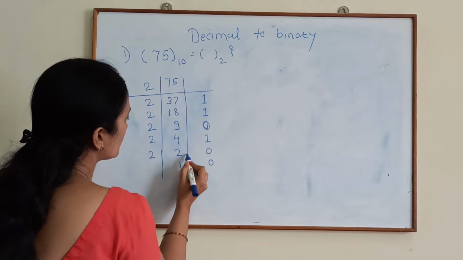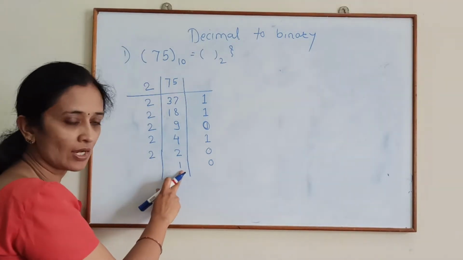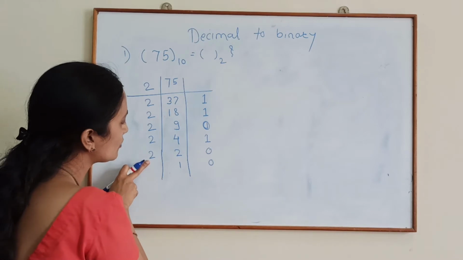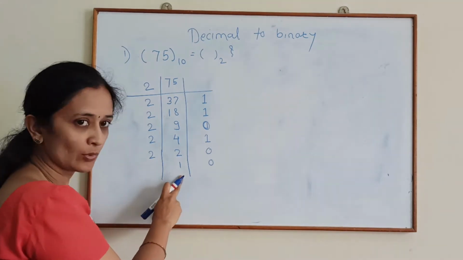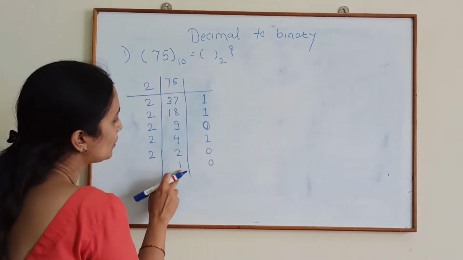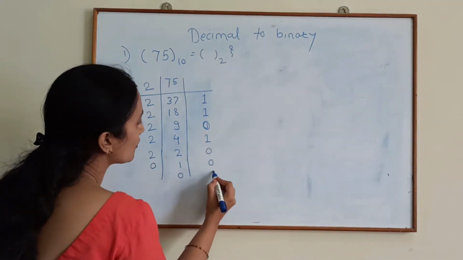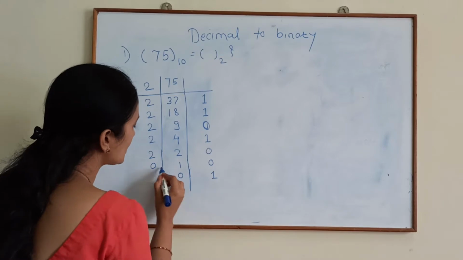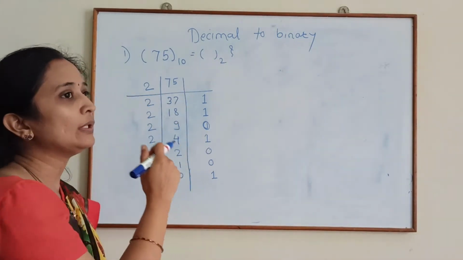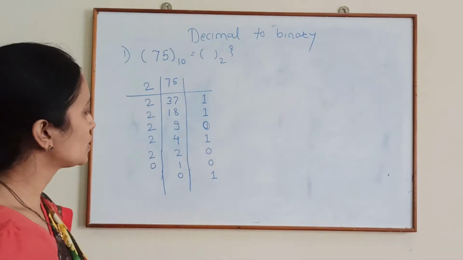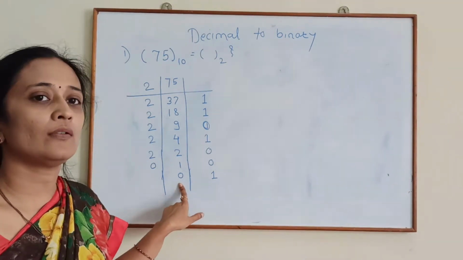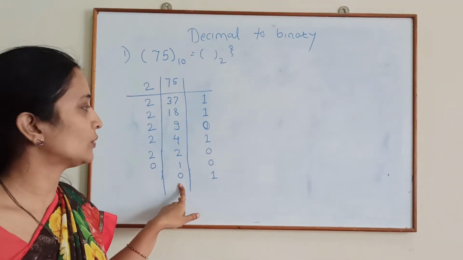Now, the quotient is 1. We have to divide the number by 2, which is not possible. Therefore, 2 zeros are 0 and remainder is 1. This is our repetitive division of the number by 2 till the quotient is equal to 0.